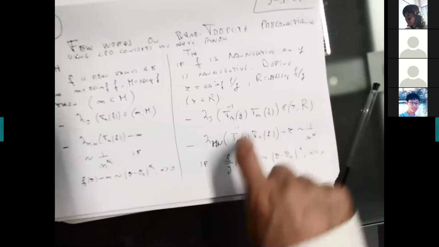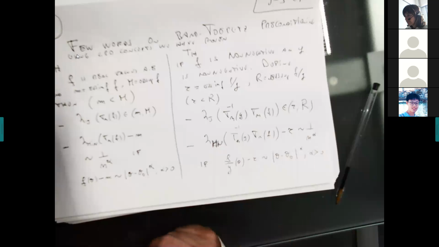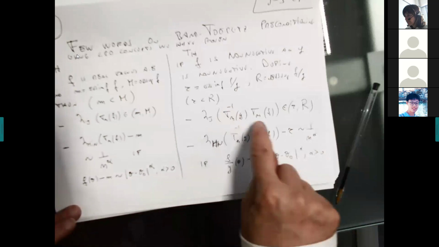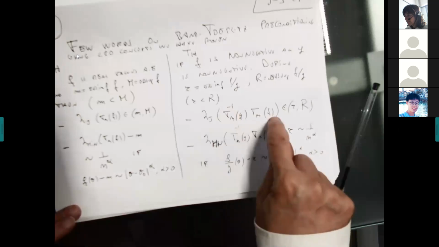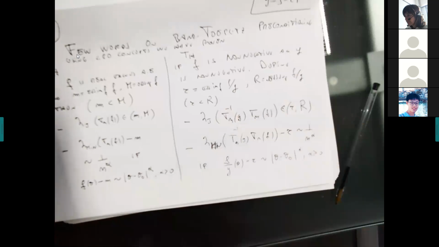Why is this important? First of all, there is something very strange. We know that matrices do not behave well, but in such a case, you take Tn(g) to the power -1 times Tn(f), and the eigenvalues behave exactly like F over G, which is a kind of miracle.